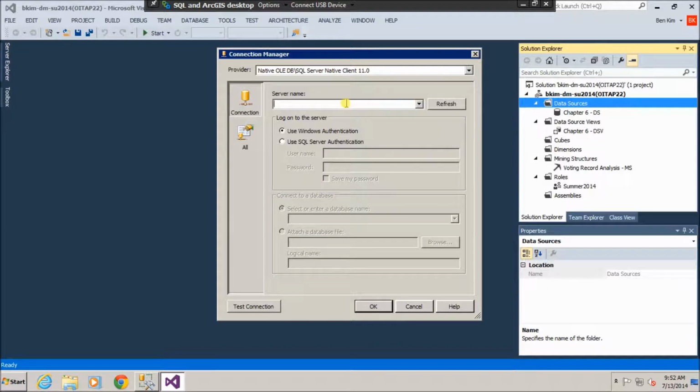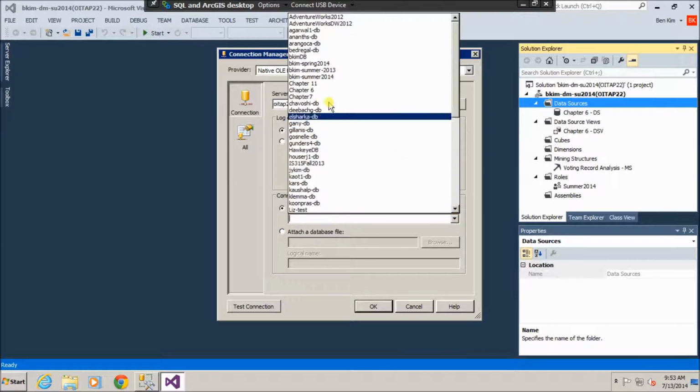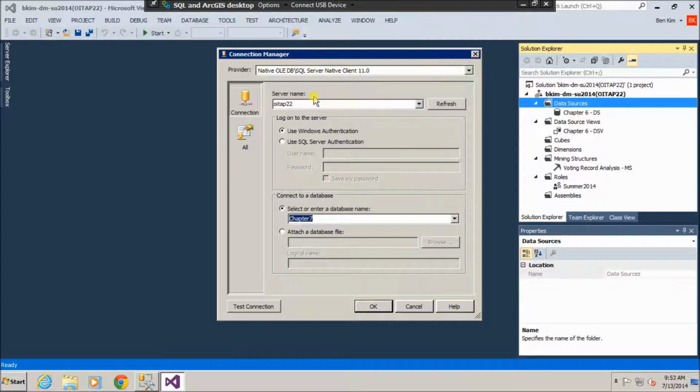Server name again, OIT-AP22. As we practiced for the Bayesian classification, a data source is just a specification for database access. So you have to specify the server name and your authentication. In our case, we're going to use Windows authentication. And the database will be Chapter 7, as we looked at just a while ago.